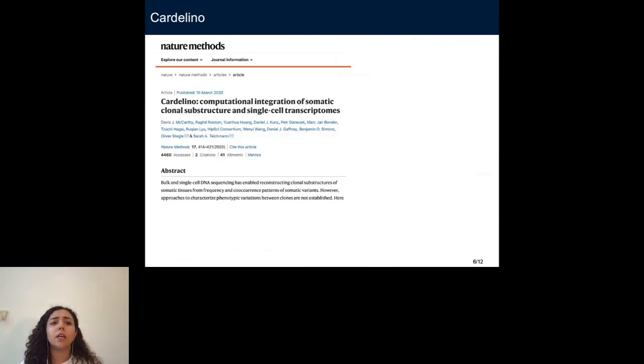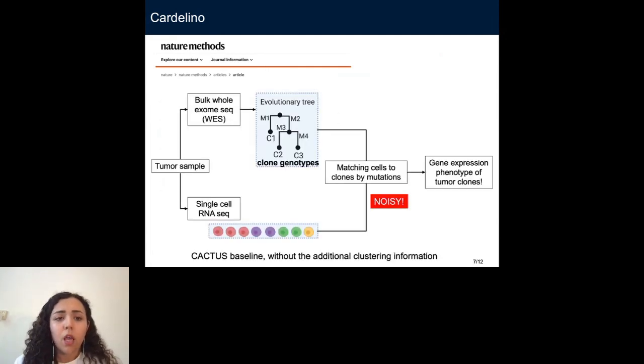Okay, here I'm showing the Cardelino, which is published in Nature Methods, and it's the baseline of our model, and we compare ourselves to them, of course. Here's the overview of the Cardelino.